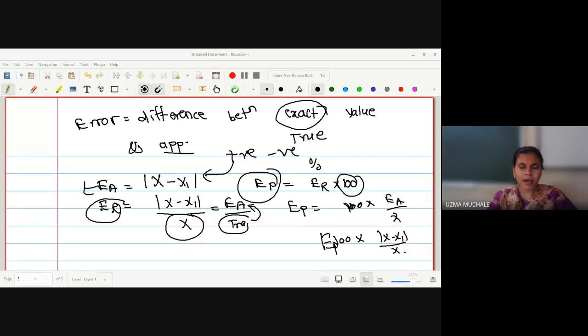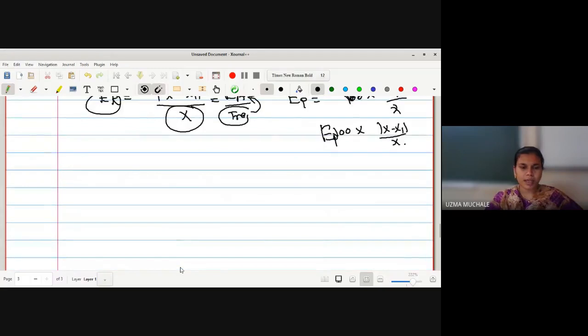An approximate value of pi is 3.14285, and its true value is 3.14159.